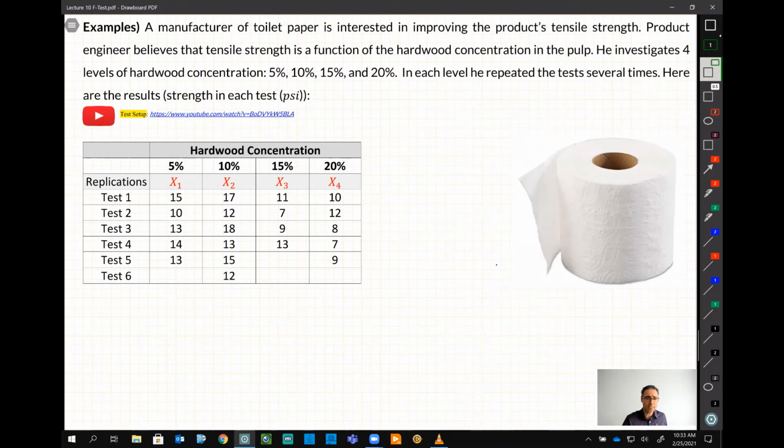While you are doing that, I'm gonna stay here to see if there is any question. And then we are gonna solve this example, and hopefully by solving it you will find out how we do an F-test. I'm also gonna check the chat to see if any question is left.